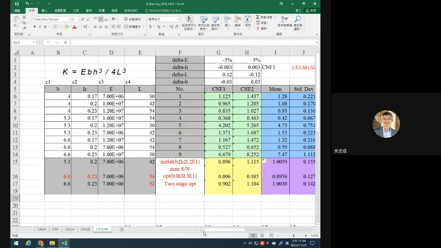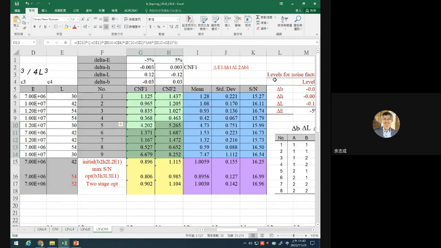But if you are using compound noise factors, no matter whether it is 4 or 3 noise factors, we only use 2 samples, 2 combinations of the noise factor. So even with 4 noise factors, I still only need 2 samples, which makes it 9 times 2, which is only 18 experiments. Some of you might have a different answer from mine, because we have different arrangements for the control factors.